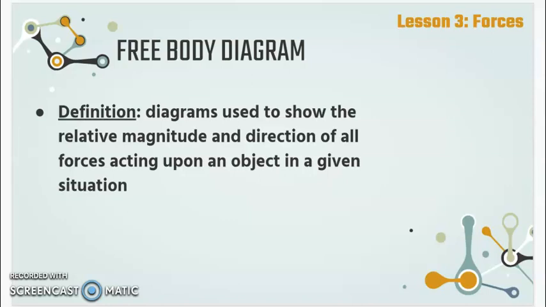So as a person is pushing blocks, or as someone is running down a road, we would take that snapshot moment in time, almost like a photograph, and draw in the forces. The length of the arrows shows us how much force there is, the magnitude, and where that arrow is pointing shows us the direction that force is acting. You can take a minute to pause the video here and write down this definition in your notes if you need it.